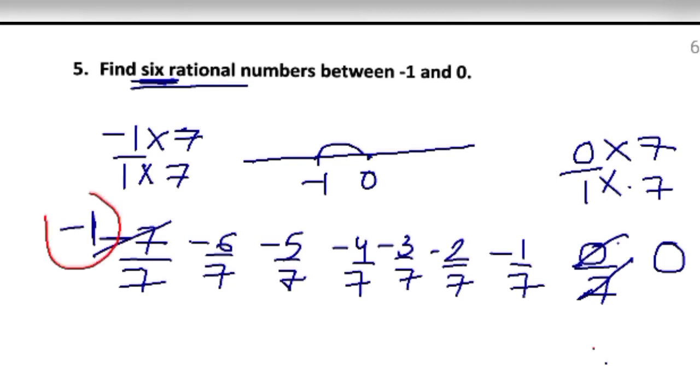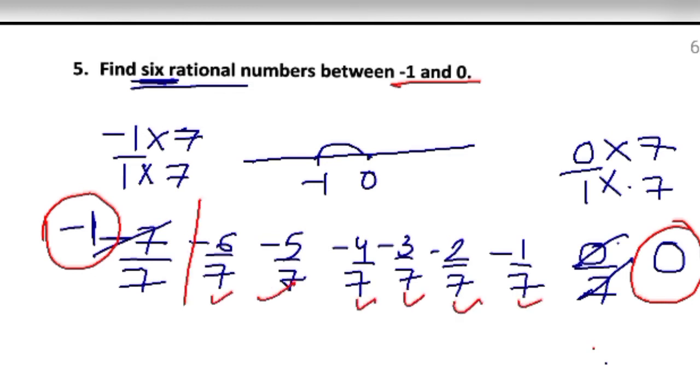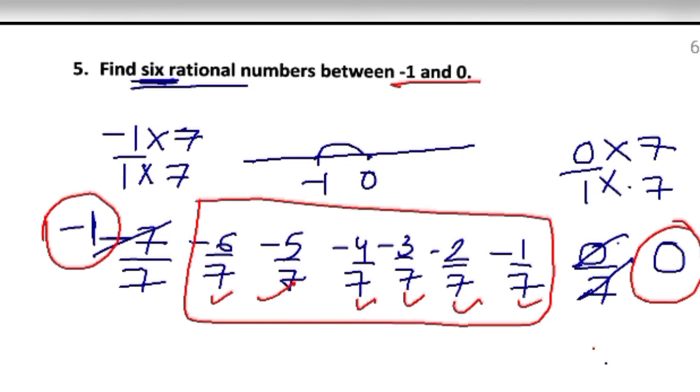So between minus 1 and 0, which they have given in the question, we have 1, 2, 3, 4, 5, 6. These 6 rational numbers. You may have any other 6 rational numbers. Okay, so this is your answer.